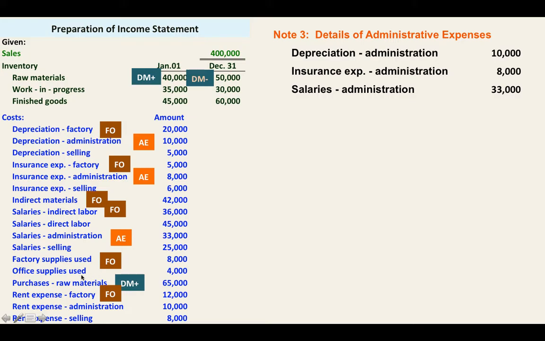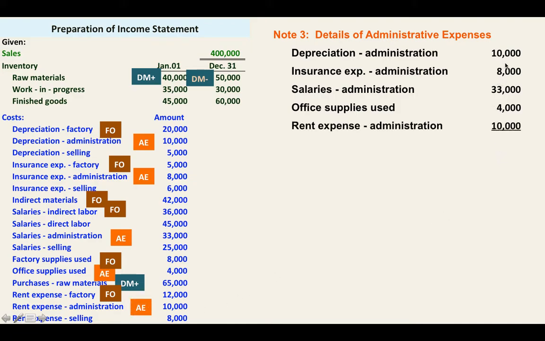We have here office supplies, that's administration, of course, of 4,000, and rent expense of 10,000. So these are all the administrative expenses, and the total of that is 65,000.